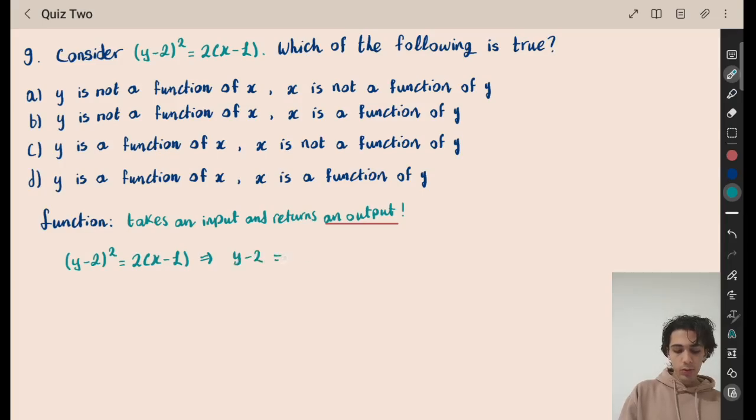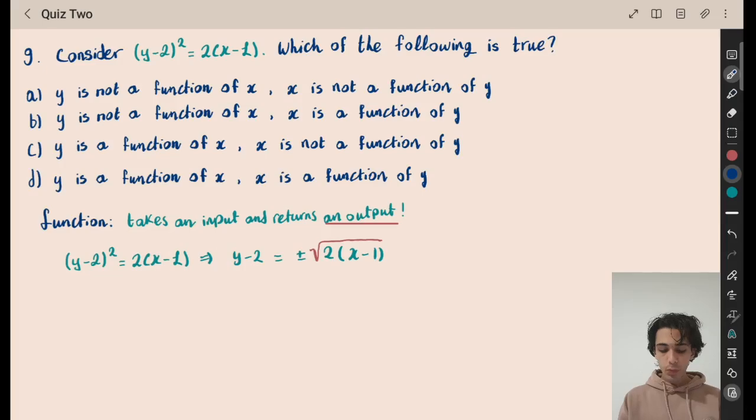Y minus 2, if I take the square root of both sides, so the power cancelled, would be equal to positive or negative square root of 2x minus 1. Then y is equal to 2 plus or minus the square root of 2 times x minus 1.